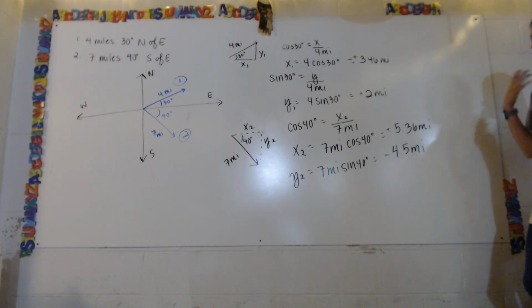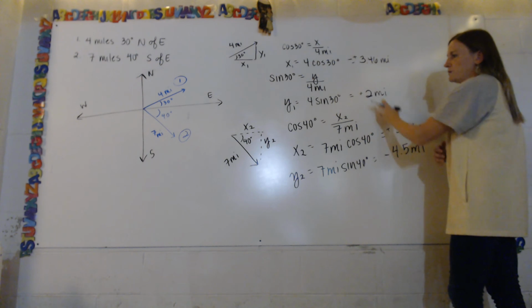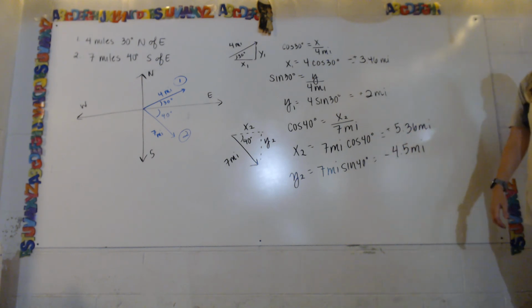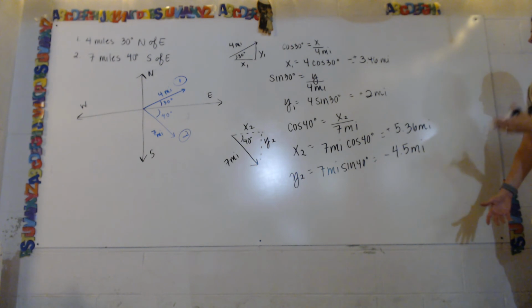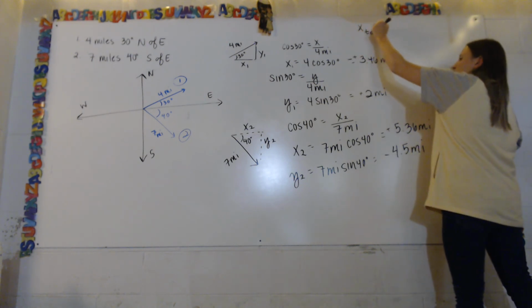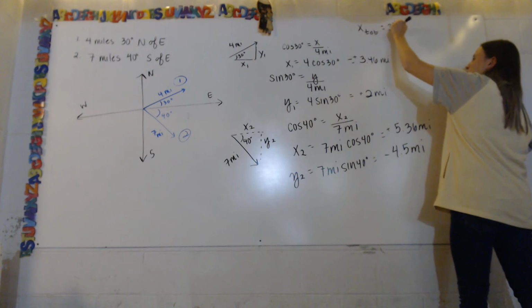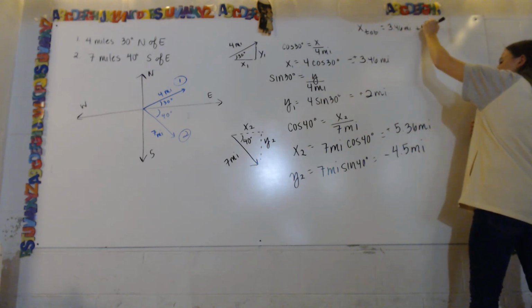Okay, just recapping what we've done: we've drawn our vectors, we have found the components of each vector, and we check the signs to see if those components should be positive or negative. Finally, we add all of our x's and all of our y's to get our totals for each component. So x total is equal to x1, which was 3.46, plus x2, which was 5.36.